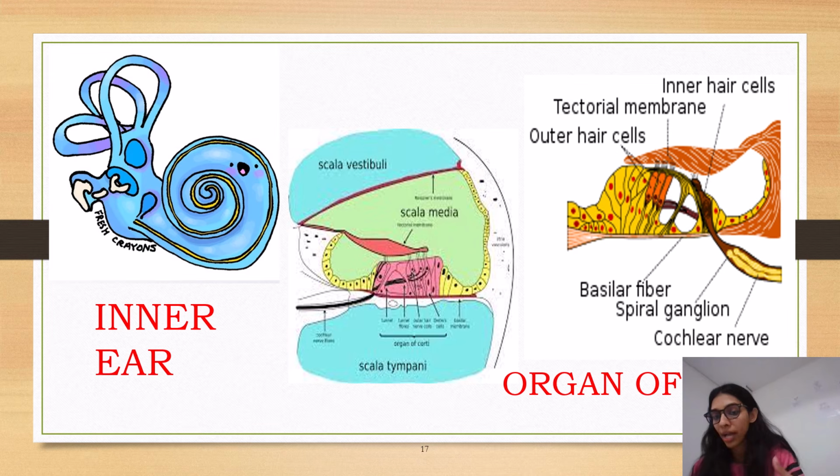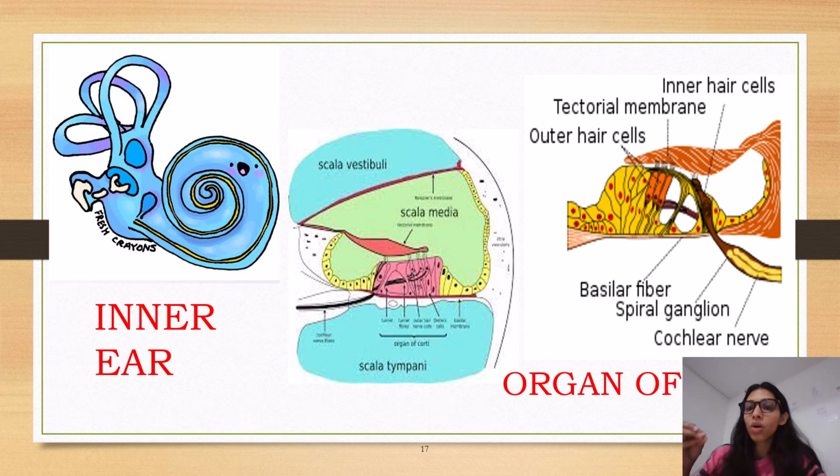It has the outer hair cells as well as the inner hair cells, and also it has the spiral ganglion, which moves on towards the cochlear nerve, the auditory nerve, which gets combined with the vestibular portion of the auditory nerve and carries the information towards the brain.